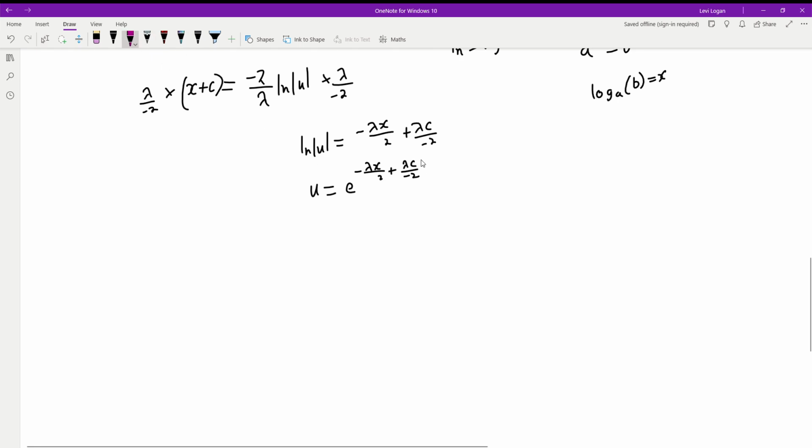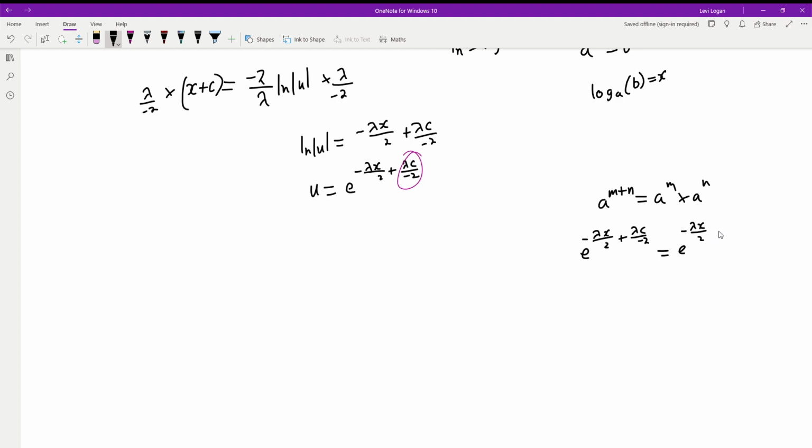Our index laws say if we have a to the m plus n, that's the same as a to the m multiplied by a to the n. So likewise, e to the negative lambda x over 2 plus lambda c over -2 is the same as e to the negative lambda x over 2 multiplied by e to the lambda c over -2.